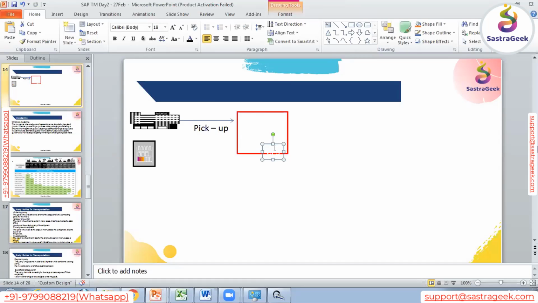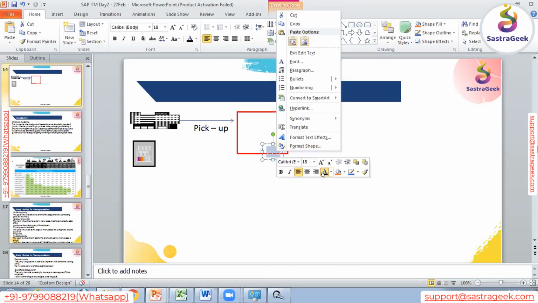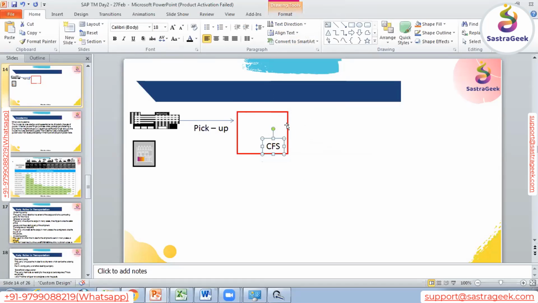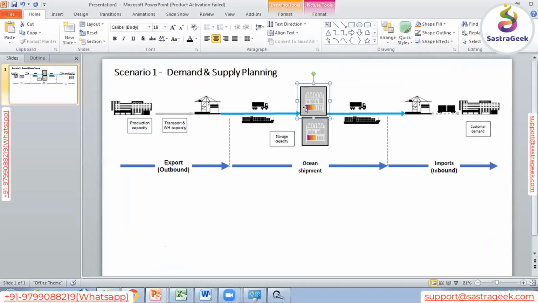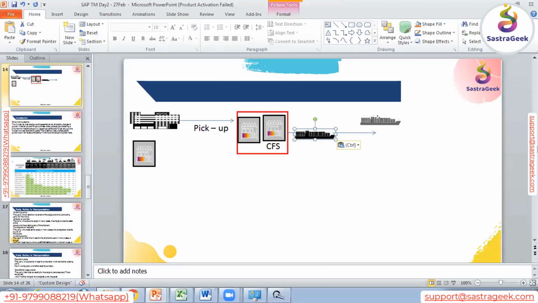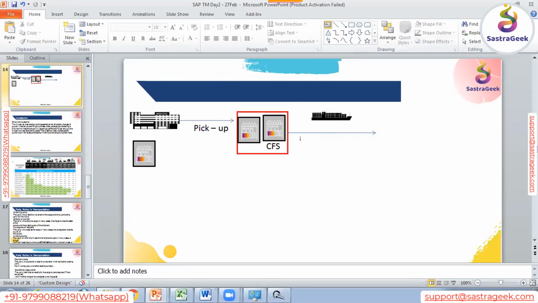CFS is nothing but container freight station, where the cargo is consolidated from different shippers, and then it goes to the port and gives it to the port for the main carriage. So this is called main carriage.